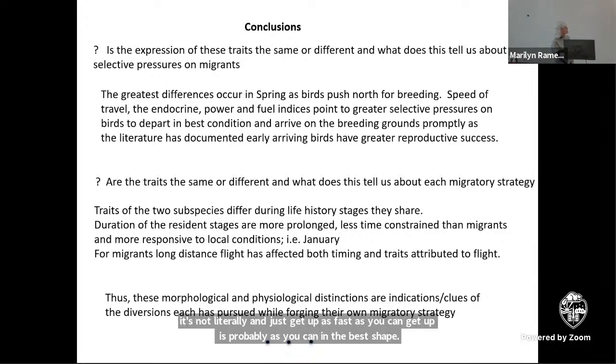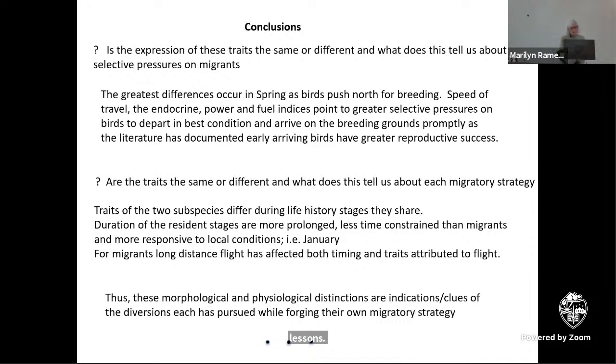So, are these traits the same or different across the migrants and the residents? And what does that tell us about migratory strategy? So the traits of the two subspecies differ during the life history stages they share. The duration of stages is more prolonged, less time constrained than migrants, and more responsive to local conditions.